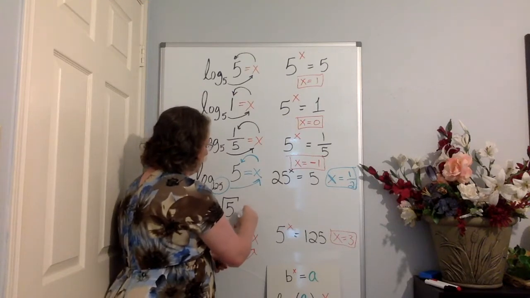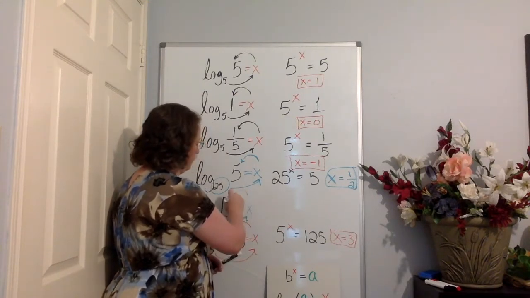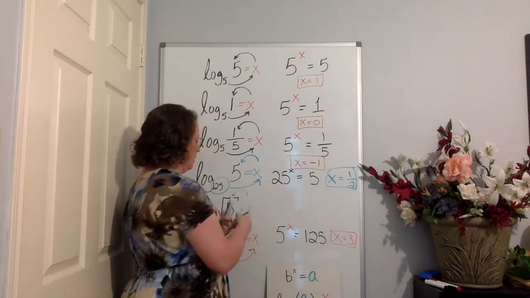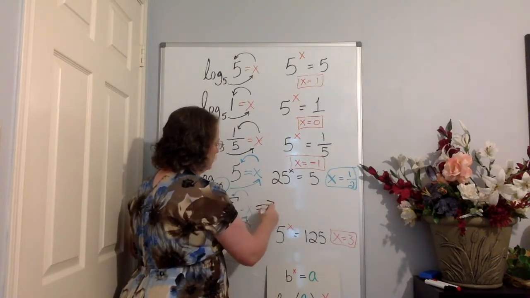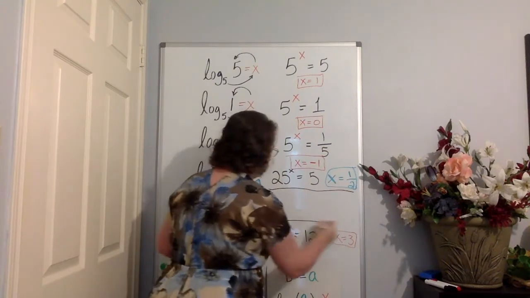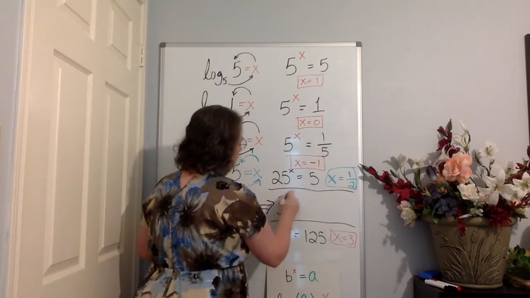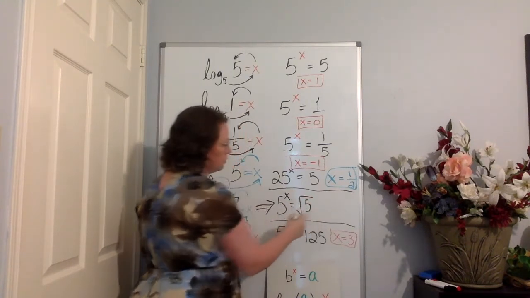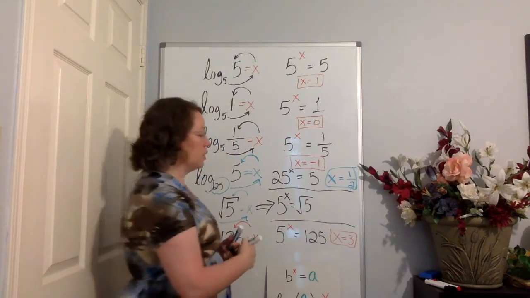So this is equal to x. So we go 5. So the x power is square root of 5. Okay? So I have 5 to the x power is square root of 5. Well, square root of 5 is the same thing as 5 to what exponent?